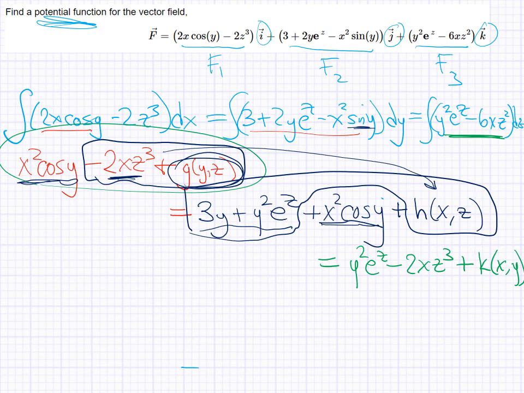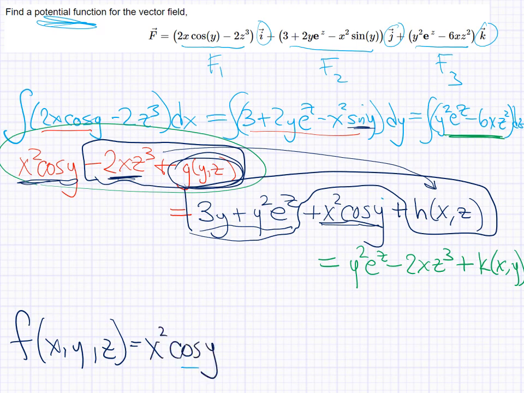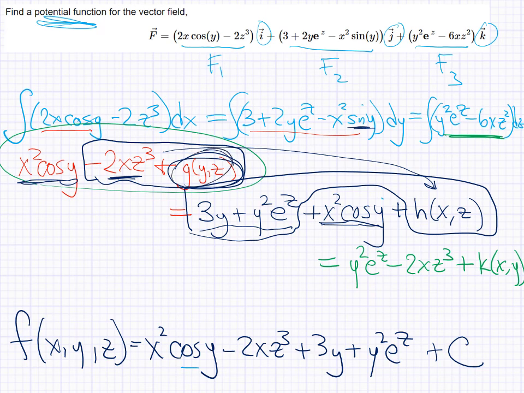And so if I said that, then my function that I'm looking to build would just be x squared cosine y minus 2xz cubed plus 3y plus y squared e to the z, plus potentially maybe another constant somewhere down the road. That kind of came into play with all of these.